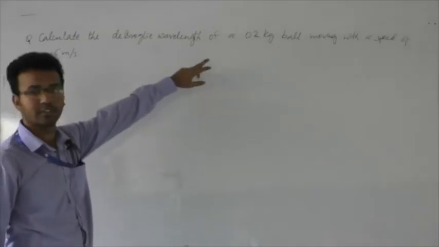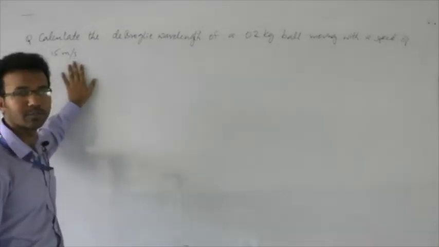So you have a ball whose mass is 0.2 kg moving with the speed of 15 meters per second.